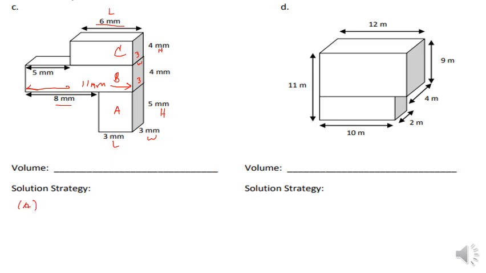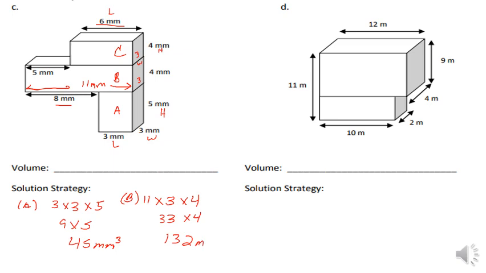So on A, let's start with A. I have 3 times 3 times 5, which gives me 9 times 5, which gives me 45 millimeters cubed. For B, I'm going to have 11 times 3 times 4, which is 33 times 4, which gives me 132 millimeters cubed.